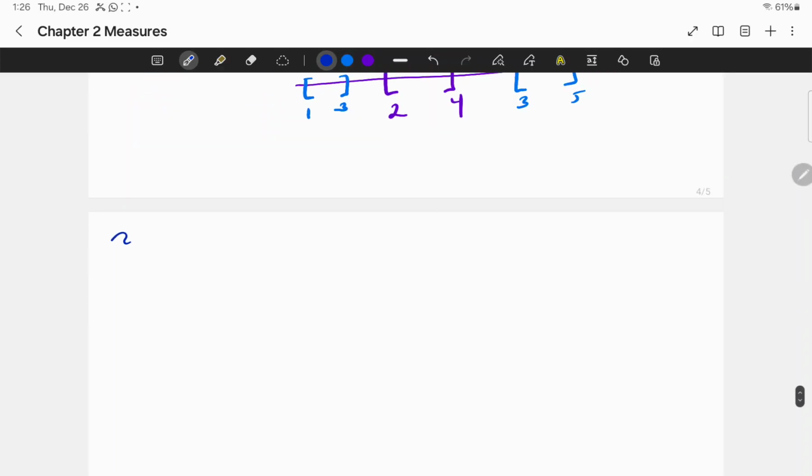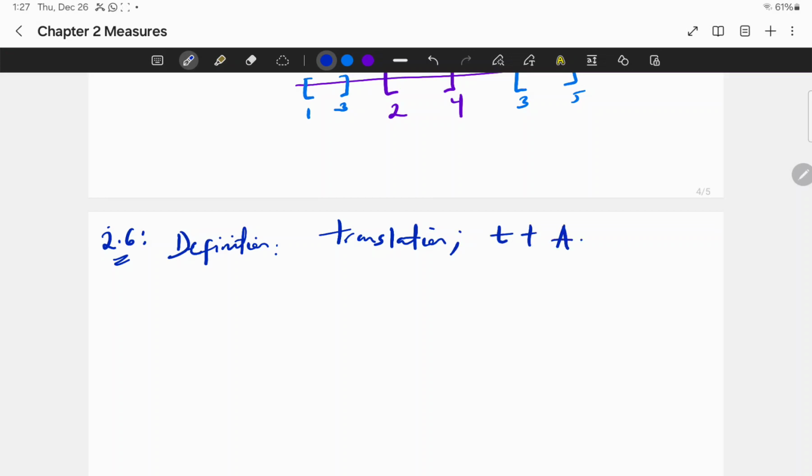First, we have to define what a translation is. Definition 2.6: a translation is just a shifting of A by t.